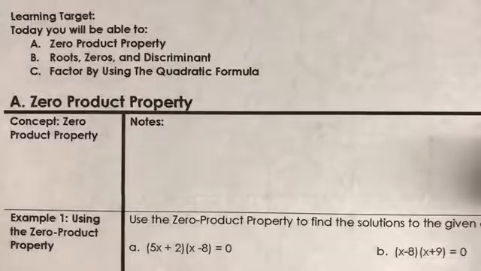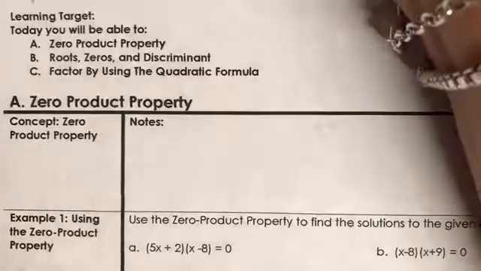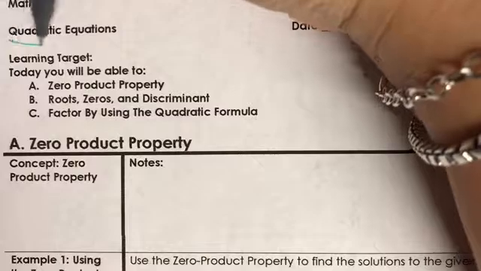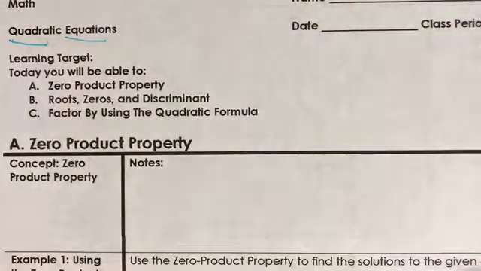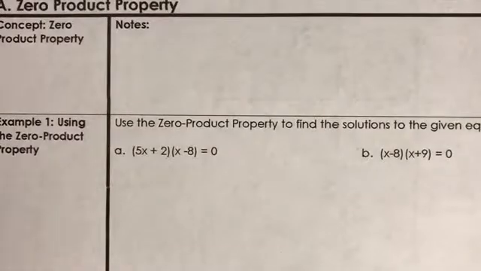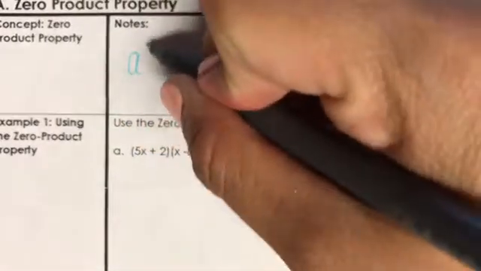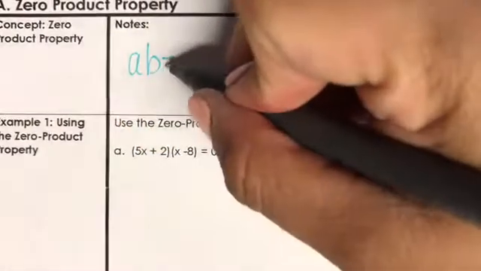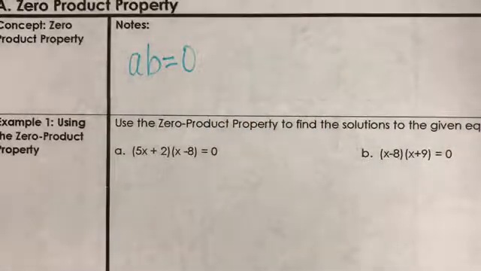Hi, today we're going to look at the zero product property, as we expand our knowledge of quadratic equations. The zero product property basically says that you can take an expression and make it an equation when you set it equal to 0.